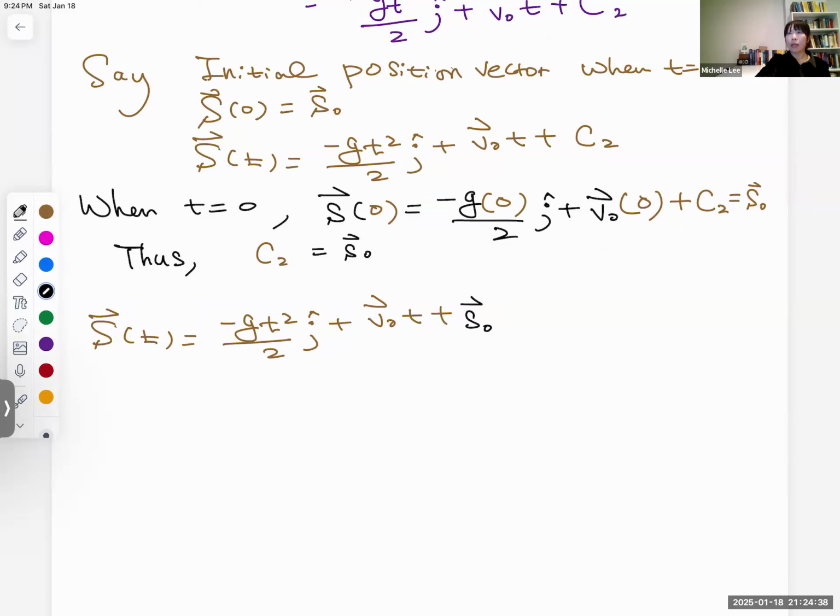Okay. Now, we have initial velocity and then projectile motion with the angle. We express i hat as a cosine theta, and then j hat we express as a sine theta.